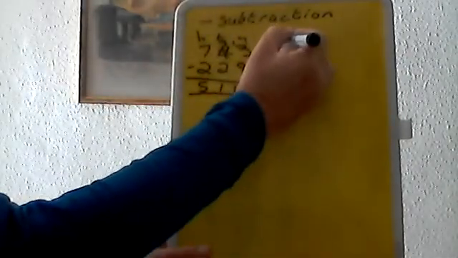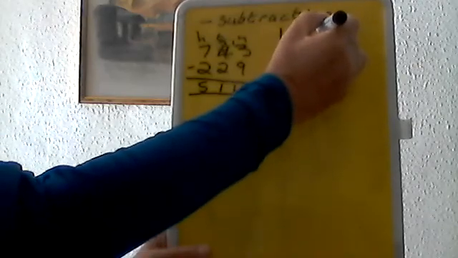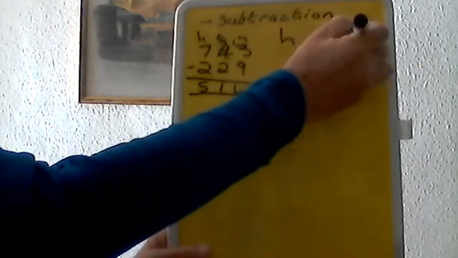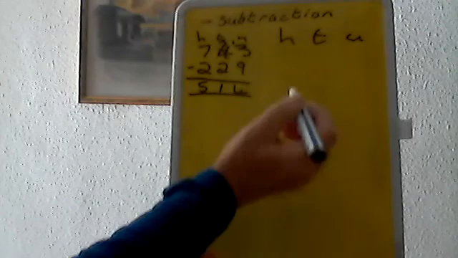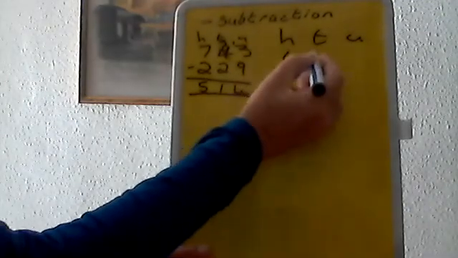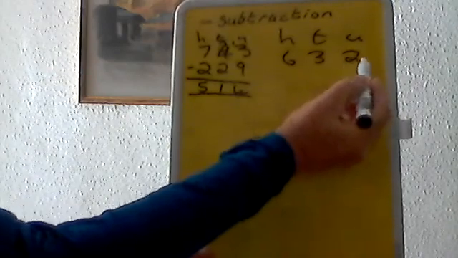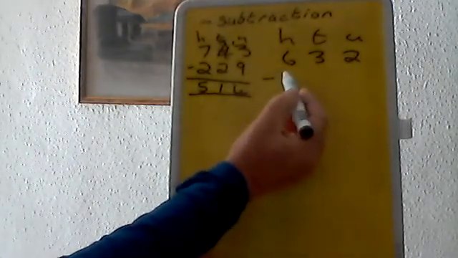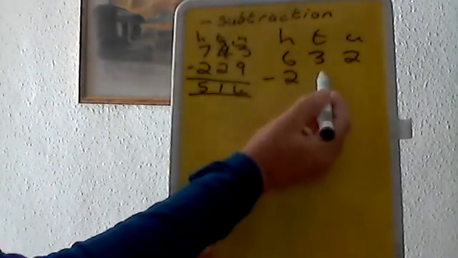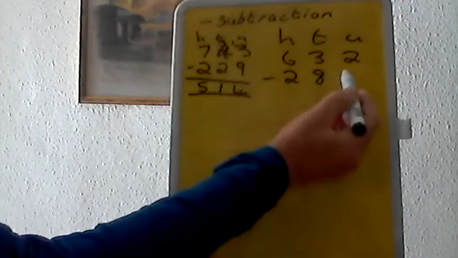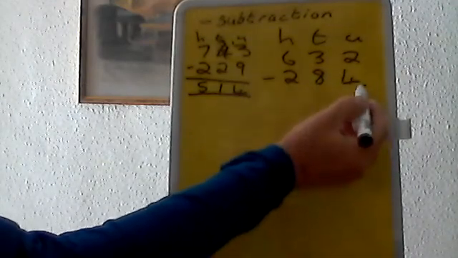Let's do one very big so we can see what's going on. 632 minus 284. 2 units minus 4 units.